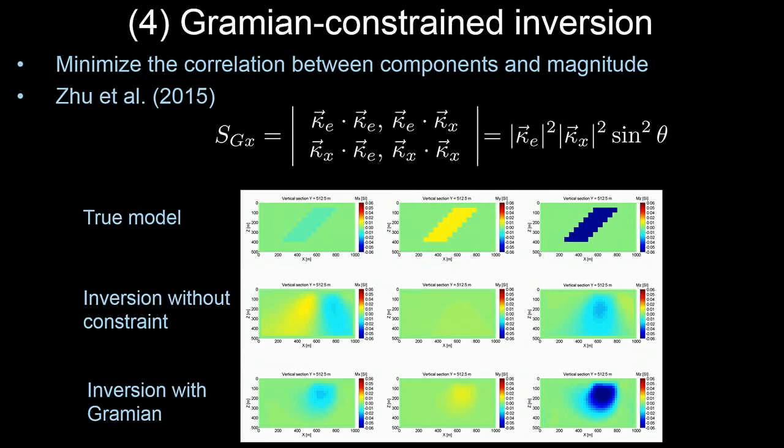So you're really looking for each component of the magnetization to be aligned in terms of the algebraic vector with the magnitude. This result on top is their true model. In the middle is the unconstrained inversion, not very meaningful. You put in the Gramian constraints, and you find a coherent structure.